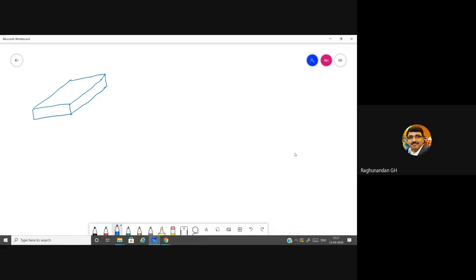So this is the semiconductor bar I have taken. I'll be taking this as the x direction, and current will be moving in the x direction.